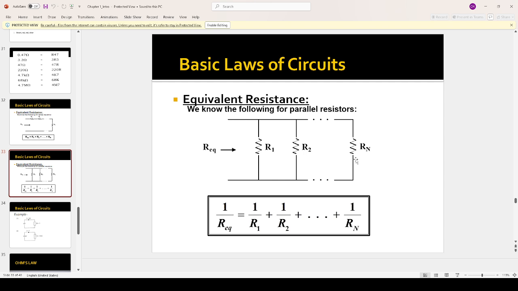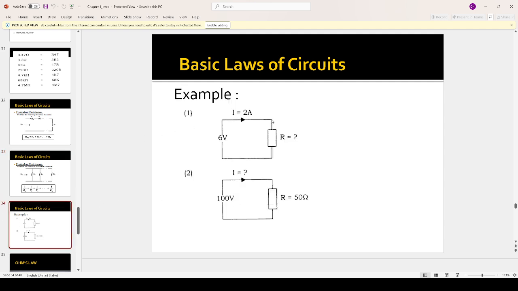Okay, so you write this in a calculator, you will get the total value of resistors, where 1 over x equals 1 over R1 plus 1 over R2 plus 1 over R3. Shift solve equal, you will get R equal. Okay, so the basic law of circuits over here.